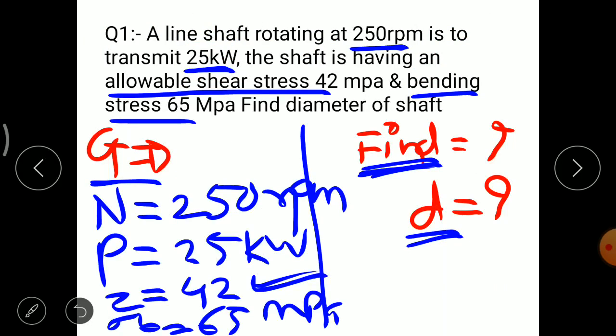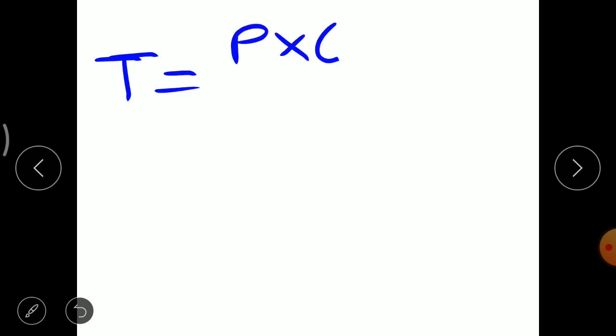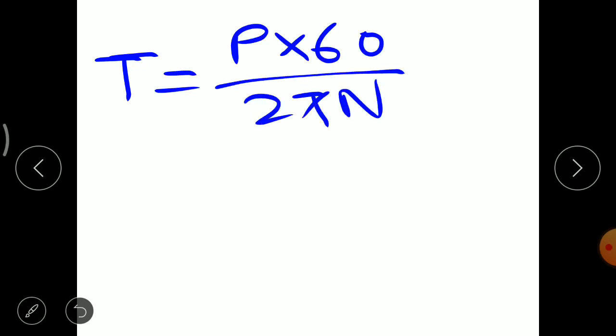After writing all the given quantities and what we have to find, I will write the formula for torque transmitted by the shaft, that is T, because we have to find the value of T, and we get it by using the formula of power: P into 60 divided by 2 pi N. Put the value of N and the value of P, and you will get the value of T.